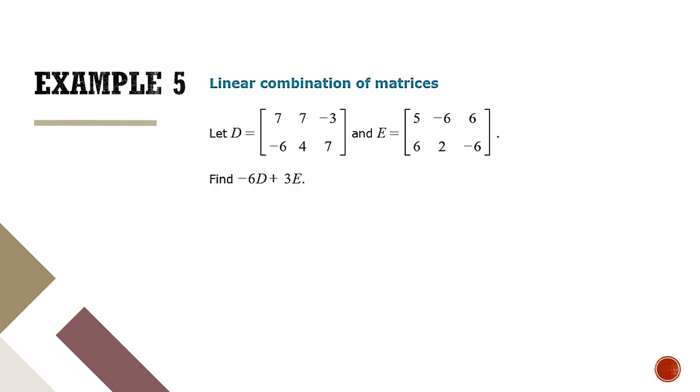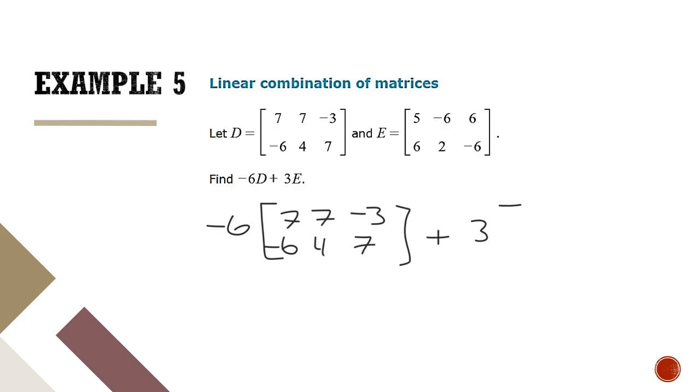So what happens if I multiply and add or subtract? Then we're just going to rewrite it as -6 times this 7, 7, -3, -6, 4, 7. And then we're going to do plus 3 times this 5, 6, -6, 2, 6, and -6. First, let's multiply everything by the scalars, and then we're going to either add or subtract depending on what that is.